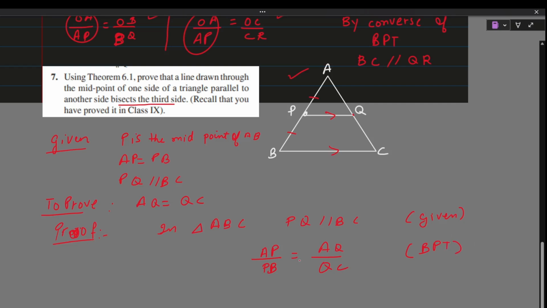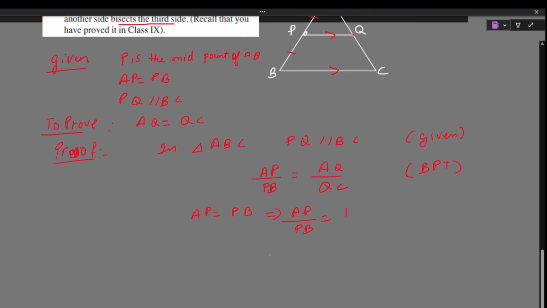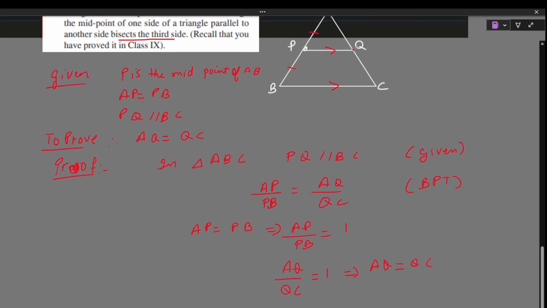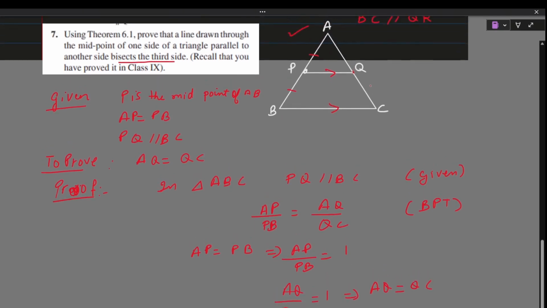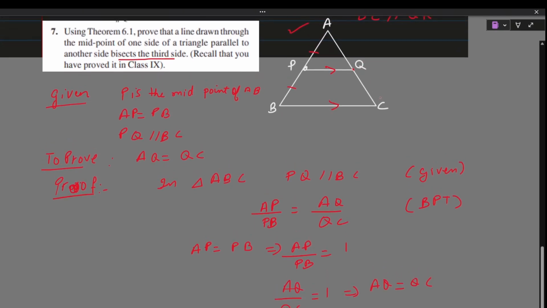It's already given that AP is equal to PB, so their ratio AP to PB will be equal to 1. So AQ to QC will also be equal to 1. It implies AQ will be equal to QC. Hence this point Q is bisecting the side AC. Hence it is proved.